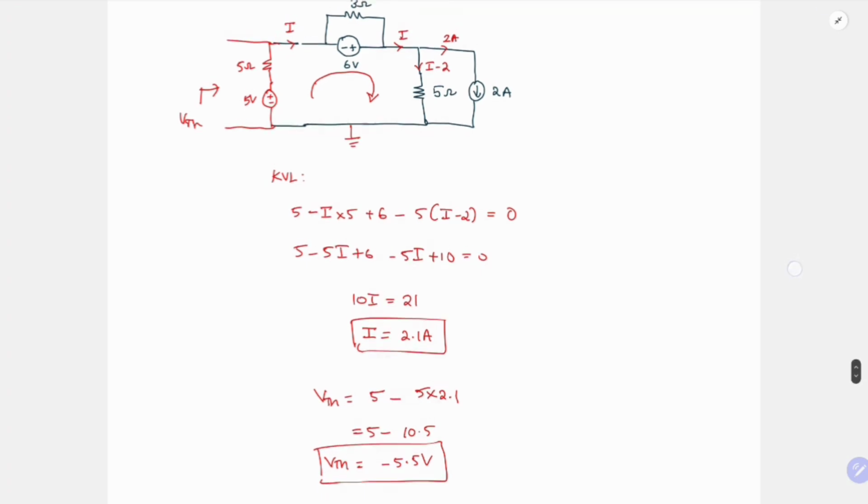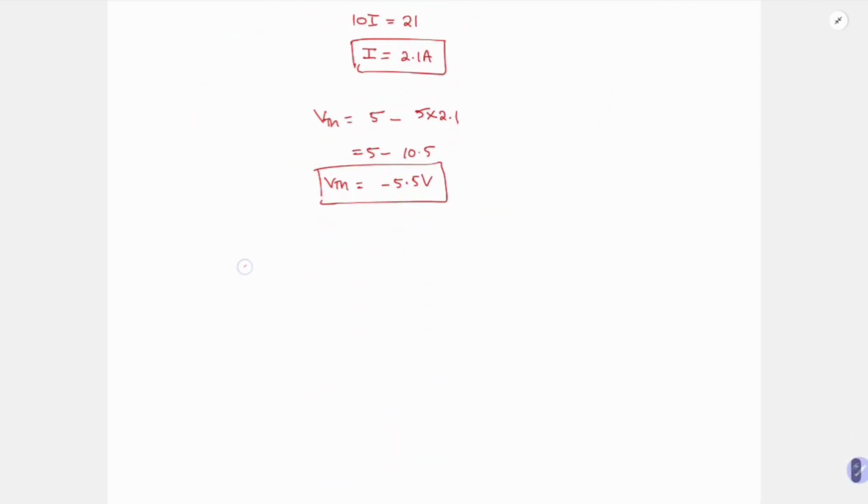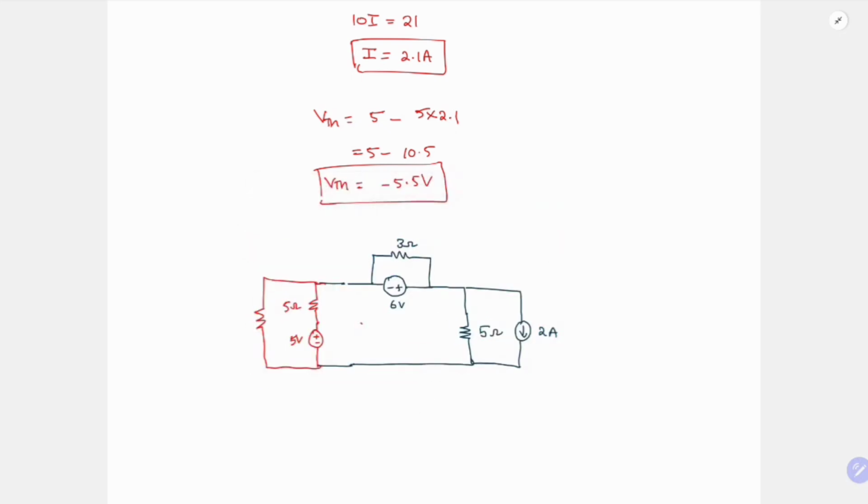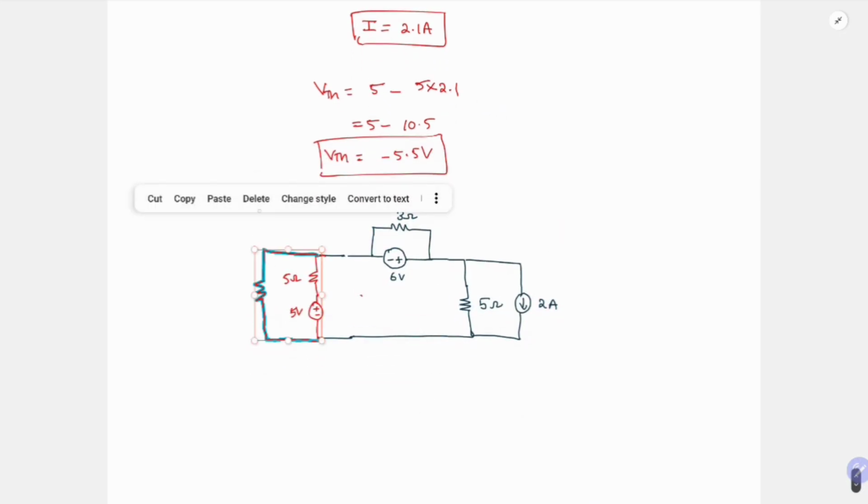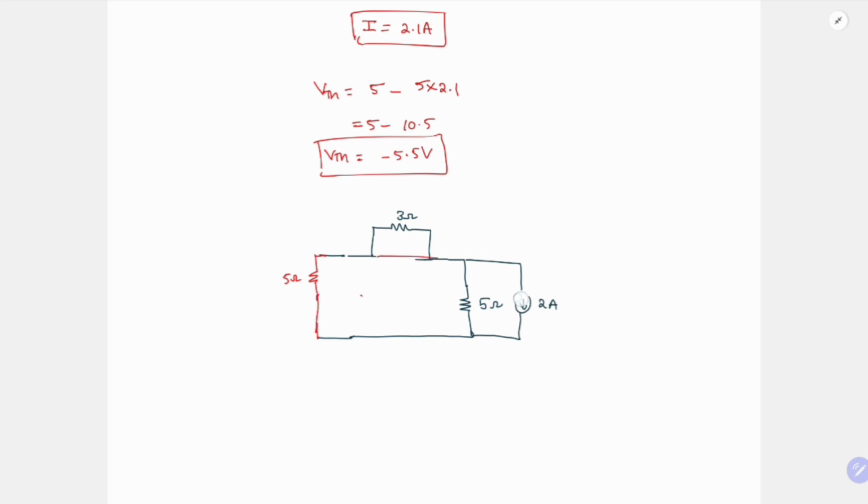Next let us find the RTH. Here, let's remove this. We need to short all the voltage sources and open all the current sources, right? Now we need to find the RTH here. If you observe, it is just 5 ohm in parallel with 5 ohm. Since it is short, this 3 ohm goes away.